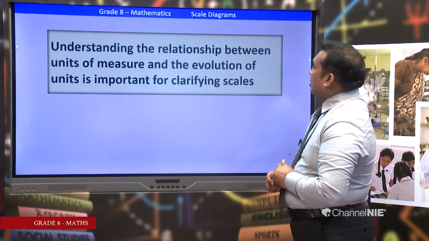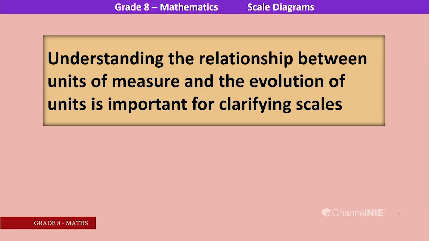Understanding the relationship between units of measure and the conversion of units is important for clarifying scales. Relationship between units: centimeter, meter, kilometer, likewise.